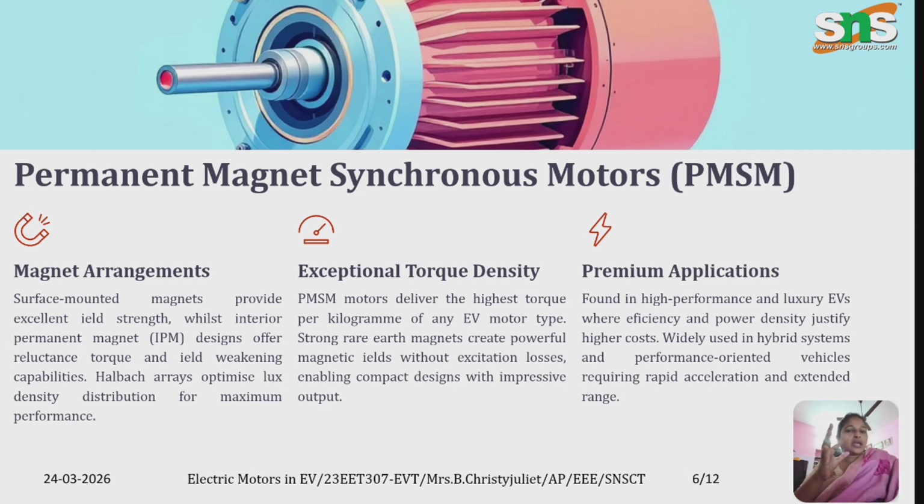The main application of PMSM is in high performance EVs, particularly luxury electric cars, and it also finds application in hybrid vehicles, like a powerful sports car engine in a small package. So PMSM is used in high performance EVs and luxurious vehicles.